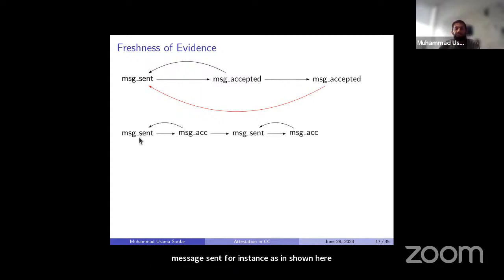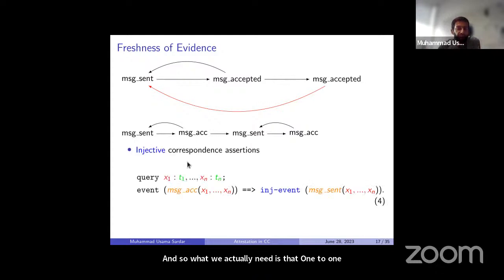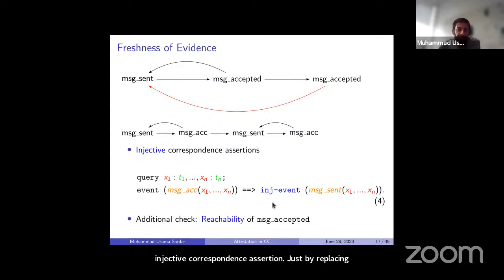So what we actually need is a one-to-one correspondence between every message accepted and every message sent. That can be modeled in ProVerif as an injective correspondence assertion, just by replacing the event word with injective. And again, we need to check the reachability of message accepted.